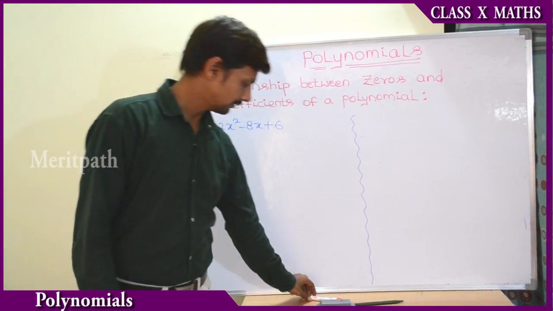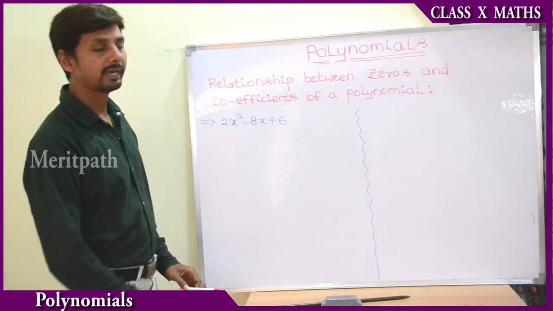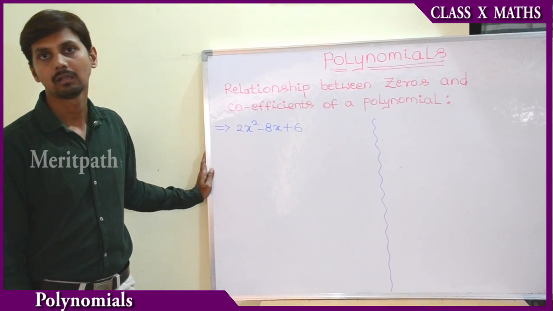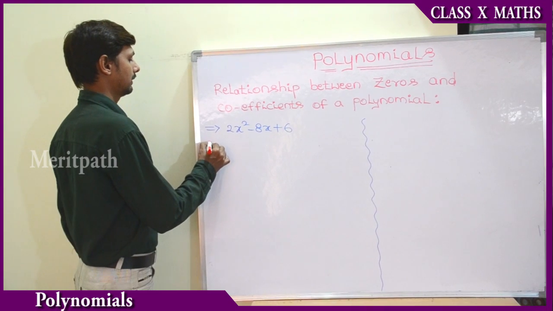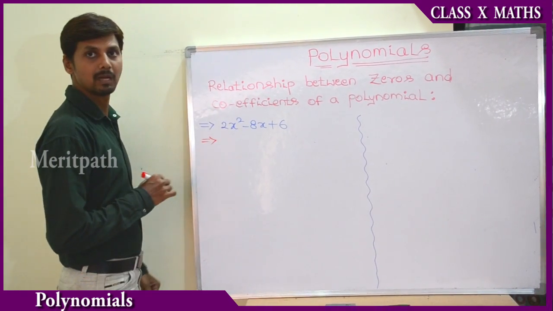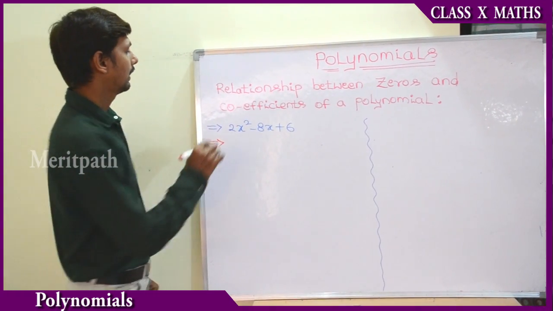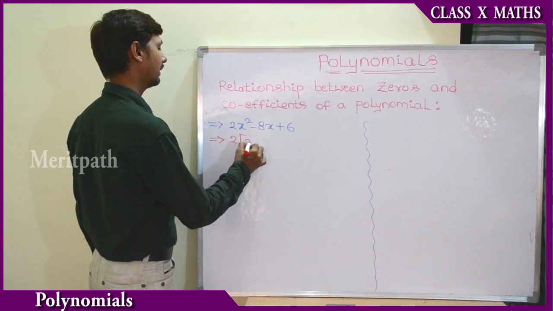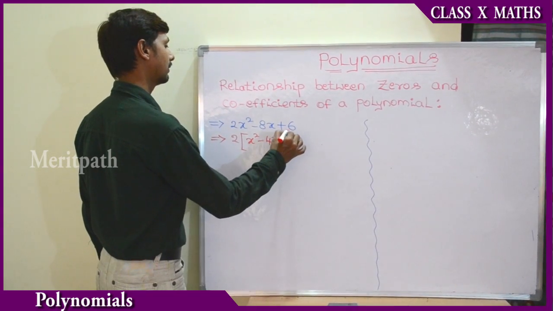Let us consider a quadratic polynomial 2x squared - 8x + 6. If you simplify this, take common 2 from it, then we get x squared - 4x + 3.